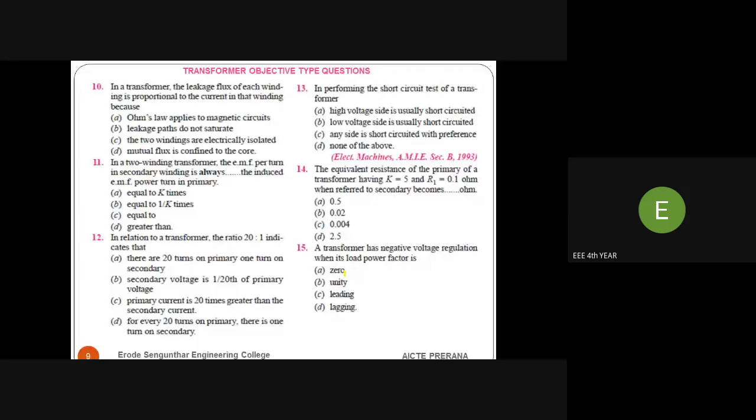Question number 10. In a transformer, the leakage flux of each winding is proportional to the current in that winding because: Ohm's law applies to the magnetic circuit; leakage paths do not saturate; two windings are electrically isolated; mutual flux is confined to the core.